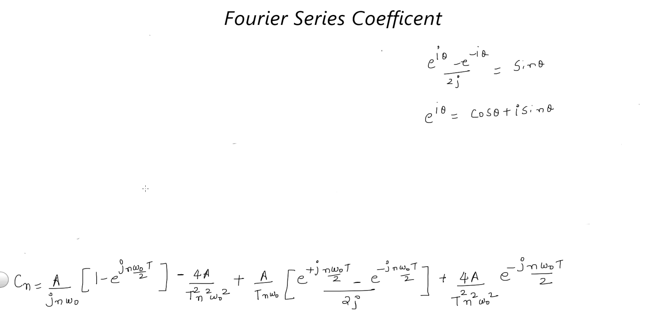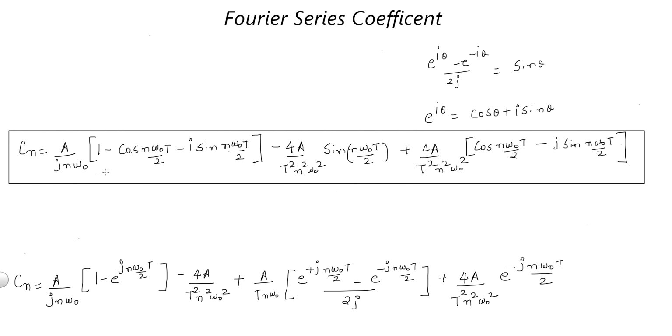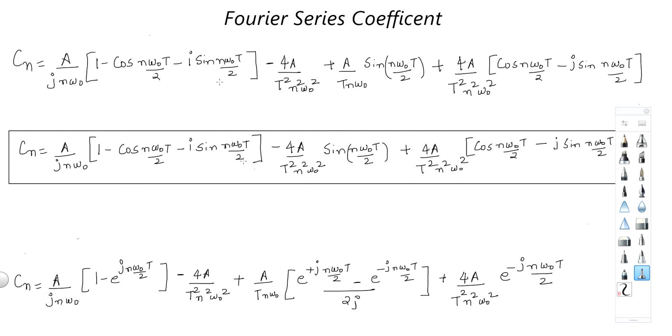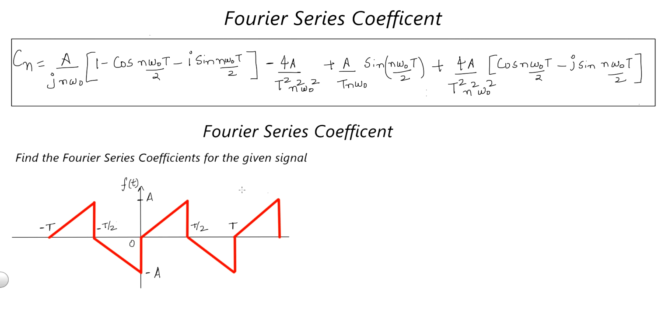Okay, so this is the Fourier series coefficient, this is the exact expression. In this I have skipped this term. I have combined these two terms here, so this is not the exact answer. The exact answer for this waveform is this.